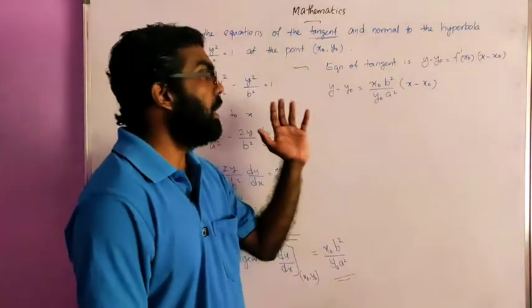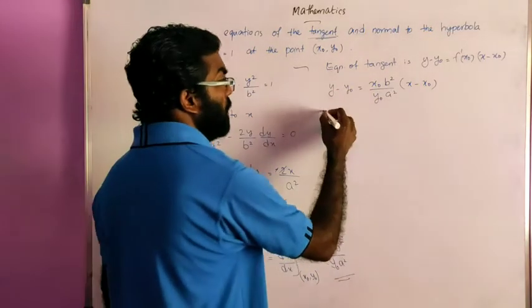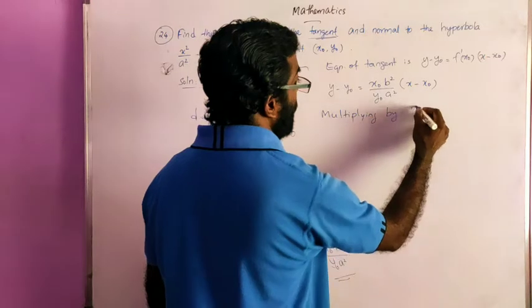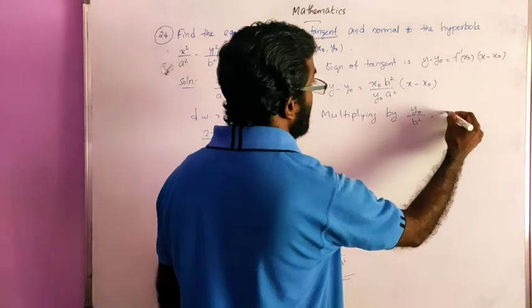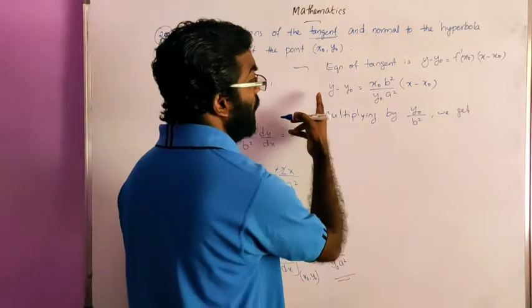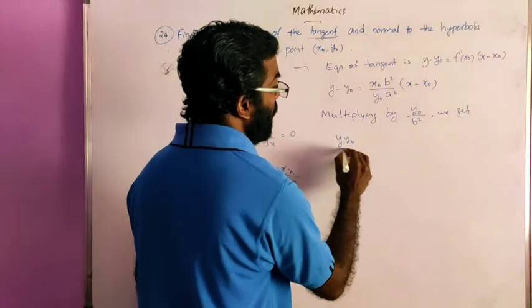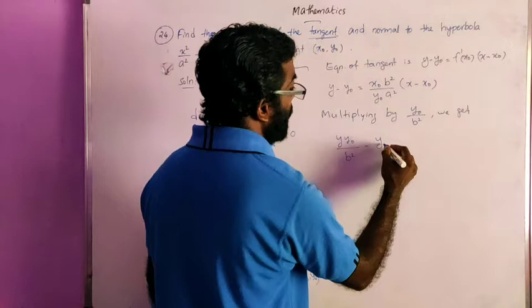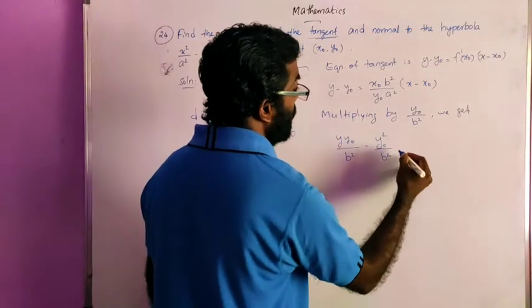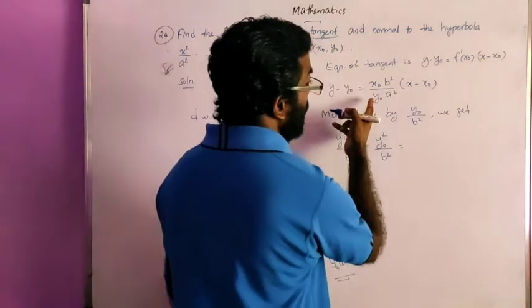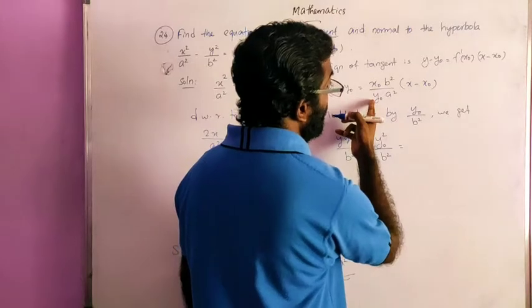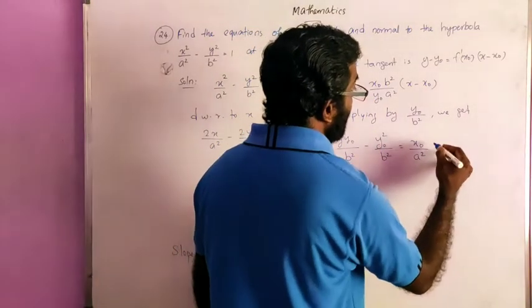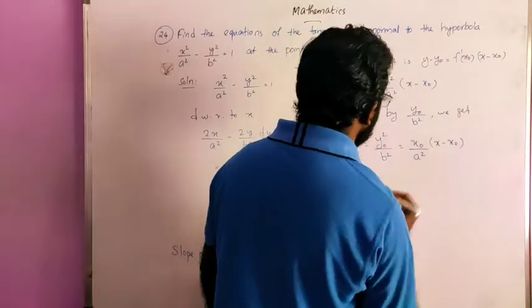Now we can multiply the entire equation by y0 by b square. Multiplying by y0 by b square we get, here y0 by b square into y minus y0, that is y y0 by b square minus y0 square by b square, which is equal to, in this term y0 cancels, b square cancels. So x0 by a square into x minus x0.